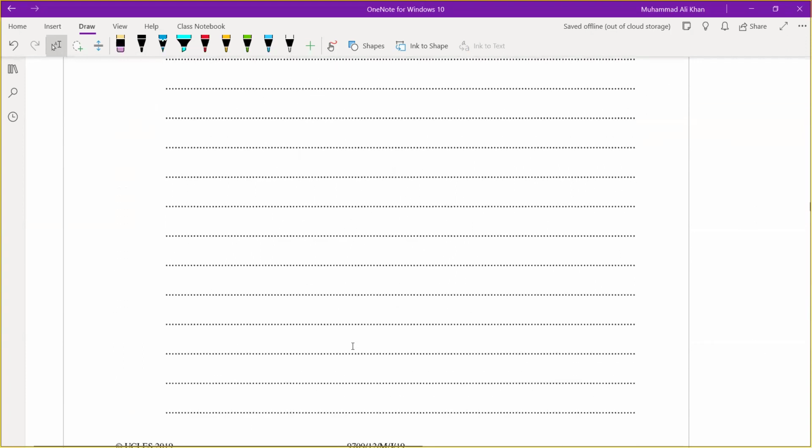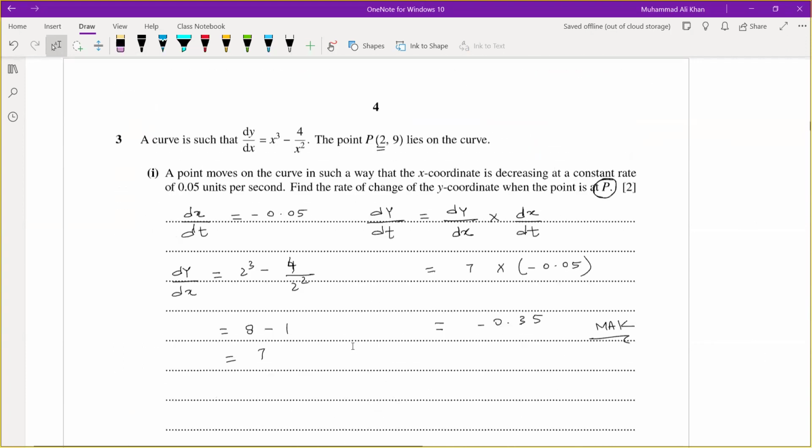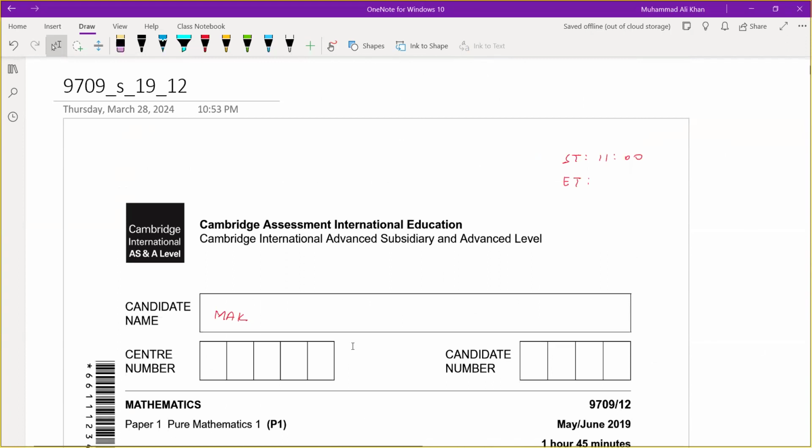Question number 8 completed our paper at 11:54. If we add one more question, let's say the paper was completed at 12 o'clock. The paper was completed in 1 hour. And the real time for this paper is 1 hour 45 minutes. We completed 45 minutes before.